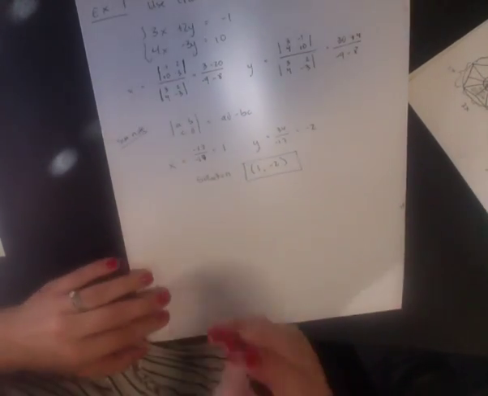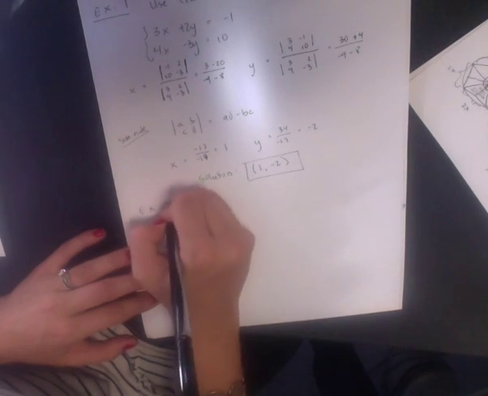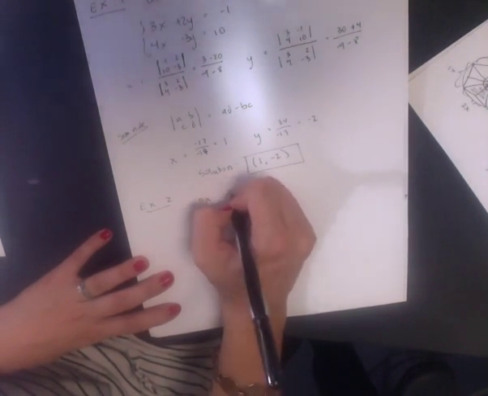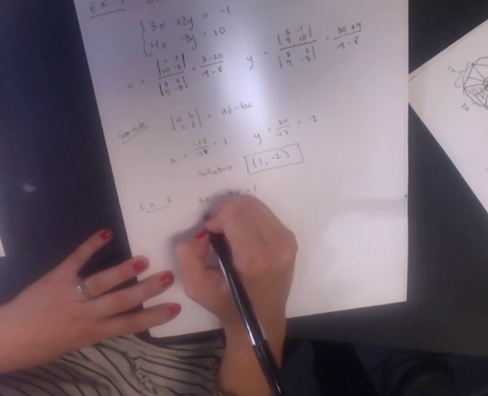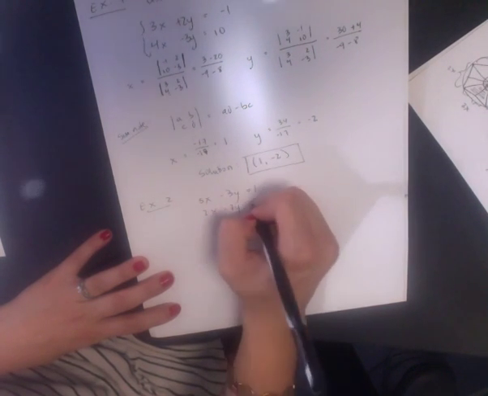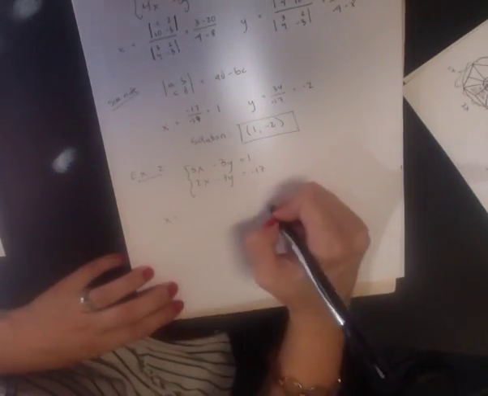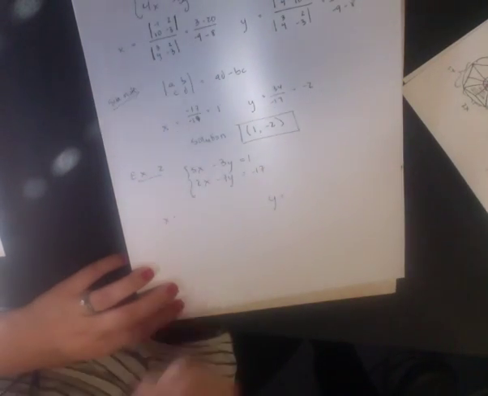Okay? Let's do another example. We're going to use Cramer's rule to solve 5x minus 3y equals 1 and 2x minus 7y is negative 17. This is a really nice way to solve things because it's much faster than using substitution or elimination.